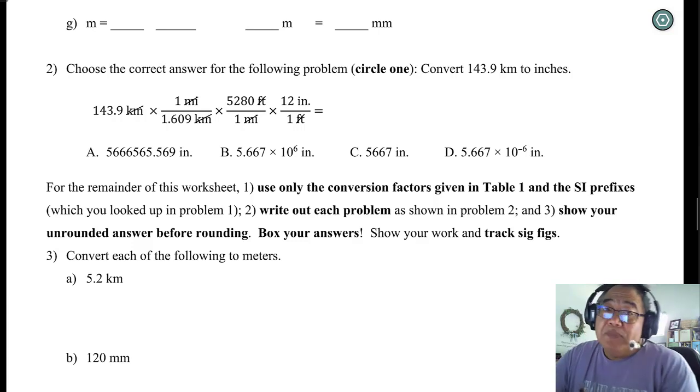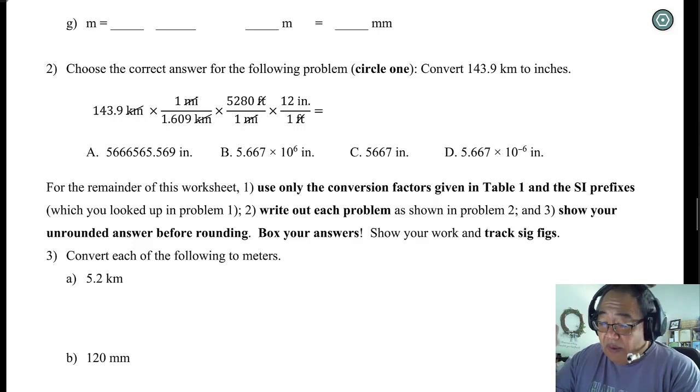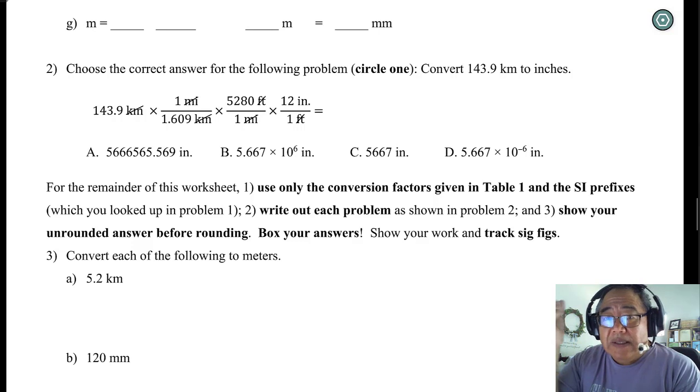Where people screw up with this is that they tend to not use the conversion factors in their book, and they just look up what this is equal to, and sure enough, Google will tell you how to do that. But again, this is a problem-solving method that we'll be using throughout the semester, so we really want you to stick to a set of conversion factors that we give to you or that are available to you in your book.